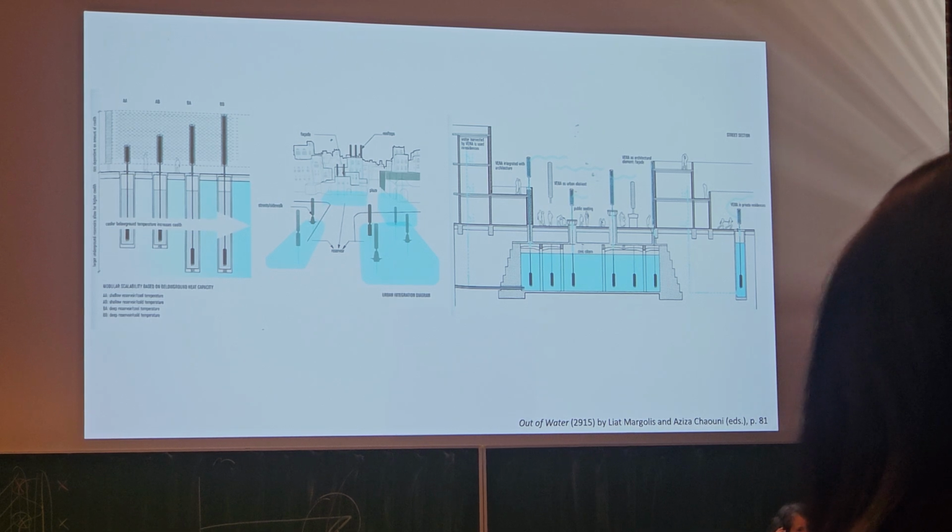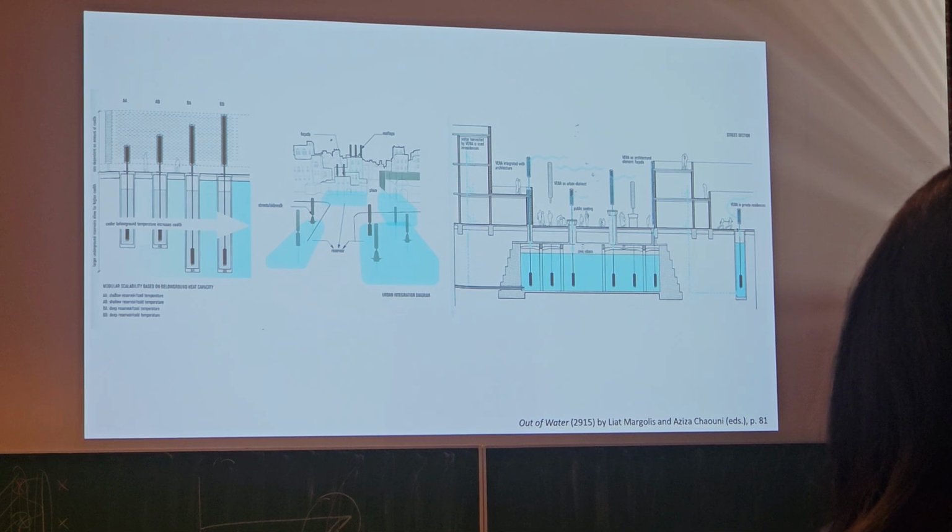If we've got the differential temperature between the air and the ground, we can use this space and create a cistern where we can begin to collect this water that is created by the temperature differential, by the heat exchange.